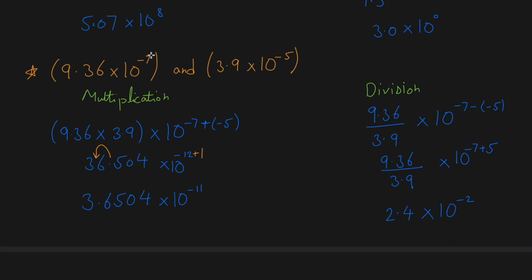Otherwise, if you aren't careful, then you might add these. So the incorrect answer might be 10's power minus 12, which is the incorrect one. Here we'll introduce minus, then with minus 5, and here actually it's minus 7 plus 5, and the real correct 10's power is 10's power minus 2.